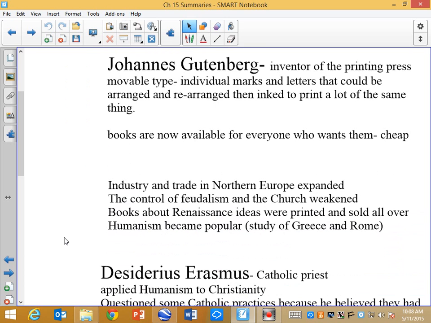So because of Gutenberg, now books are cheaper. It's just like, as we've talked about in the past, that as technology improves, it becomes cheaper later on. So initially, it's like when you buy that brand new TV, when HD TVs first came out about 8-10 years ago, they were really, really expensive.